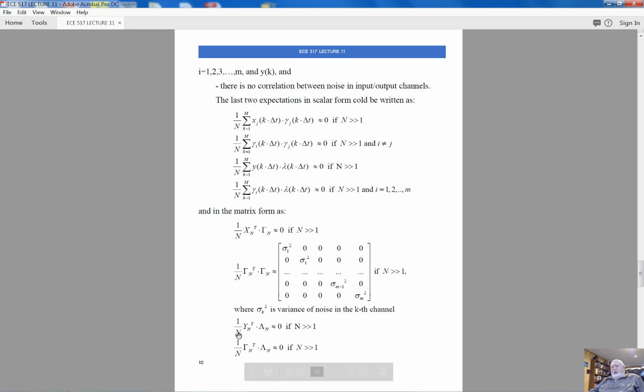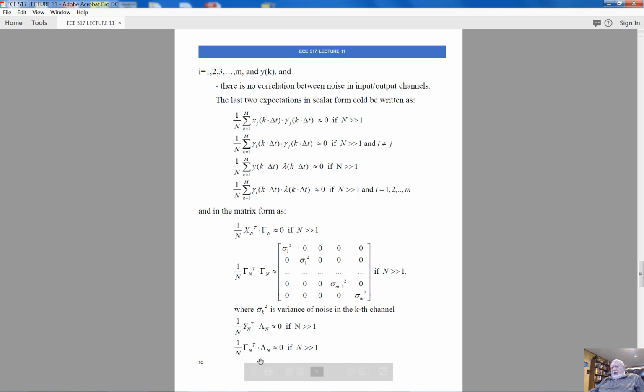And then, of course, these two expressions are very easy to explain. It is the product of array y times array lambda that represents noise in the output channel.